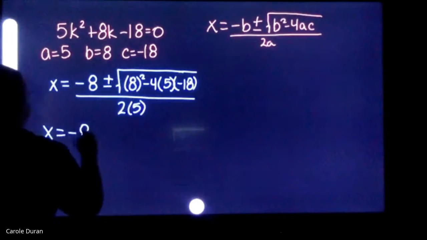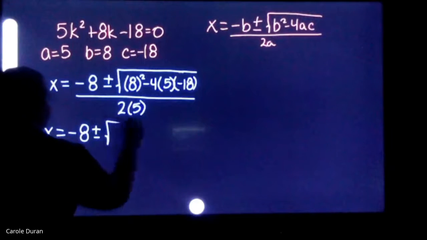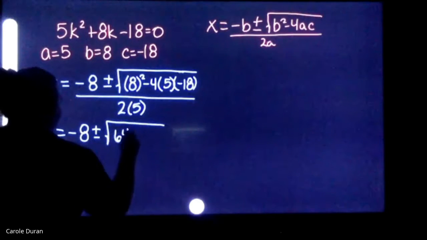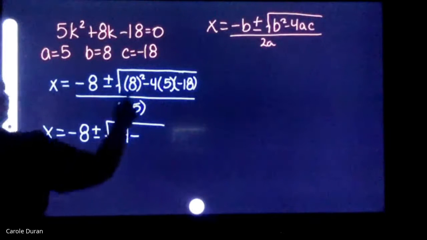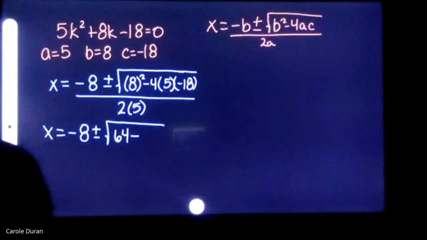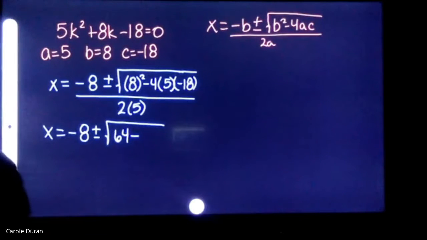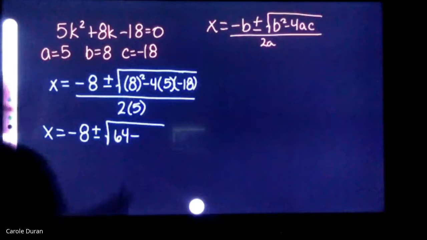So I get negative 8 plus or minus the square root of 8 squared is 64 minus 4 times 5 is 20. 20 times a negative 18 is negative 360.